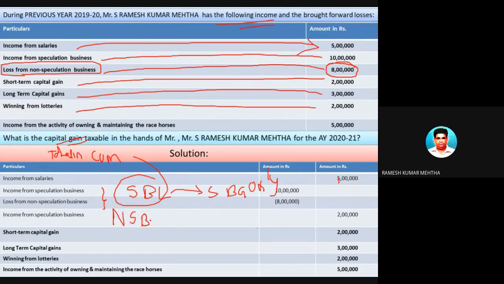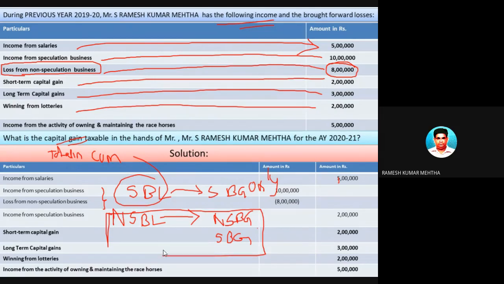Non-speculative business loss, that is normal or regular ordinary business loss, can be set off against non-speculative business gains or profits, as well as speculative business gains. So this is the rule. You have to remember this.